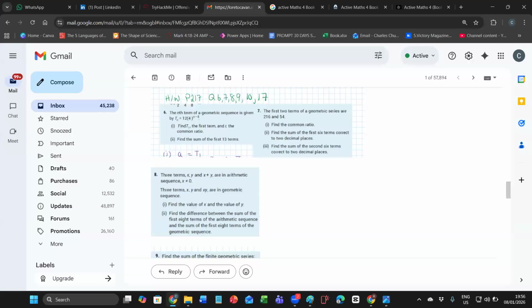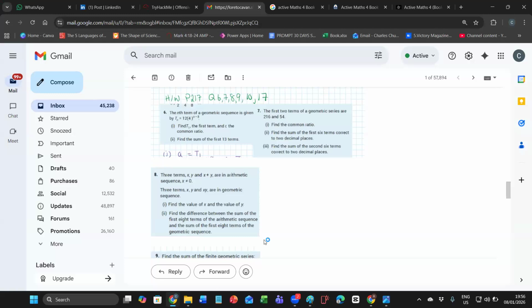Three terms x, y, and x plus y are in arithmetic sequence, and x is not equal to 0. Those are conditions they told us. Next, it says three terms x, y, and xy are in geometric sequence.